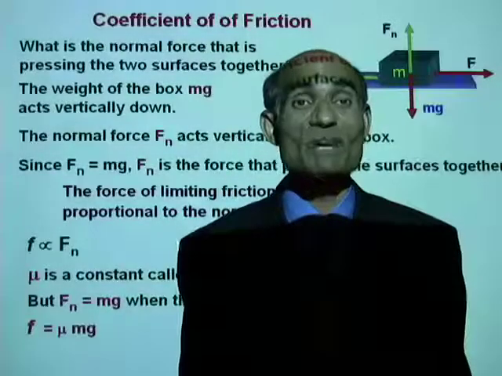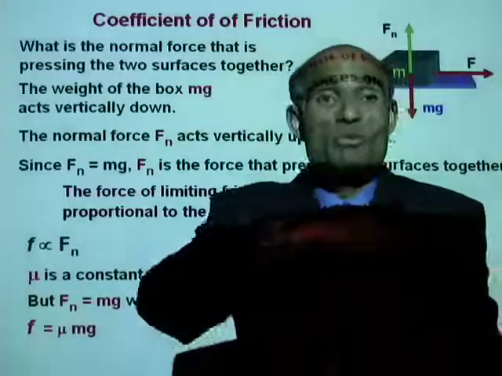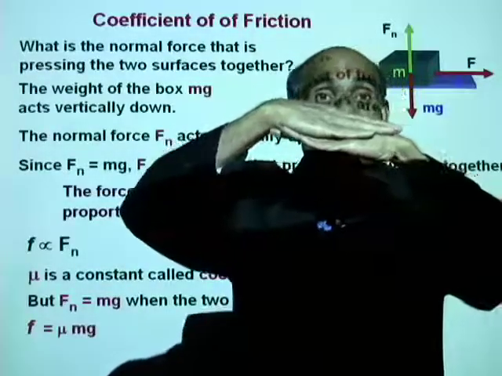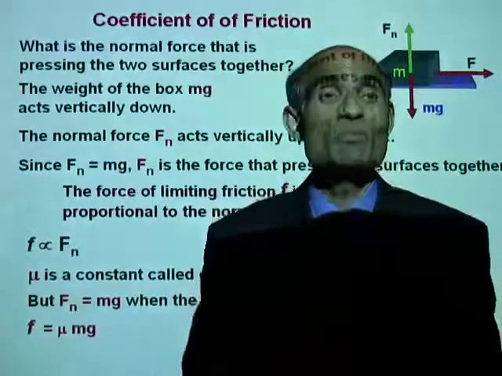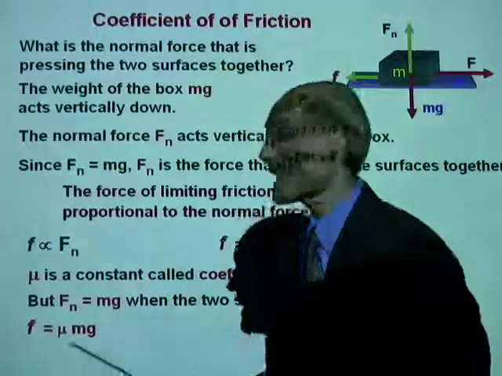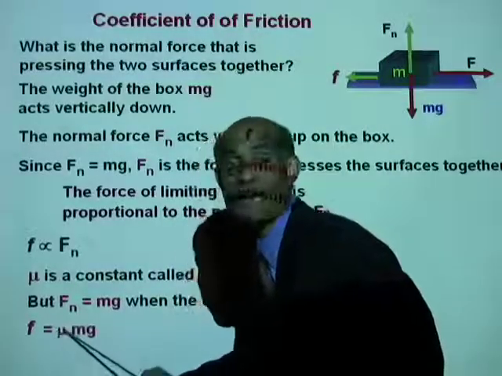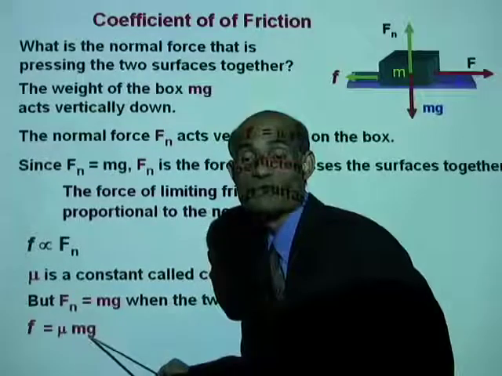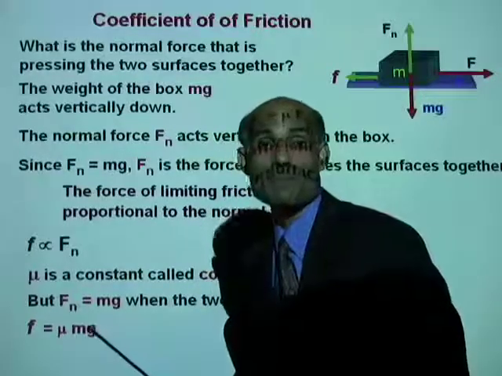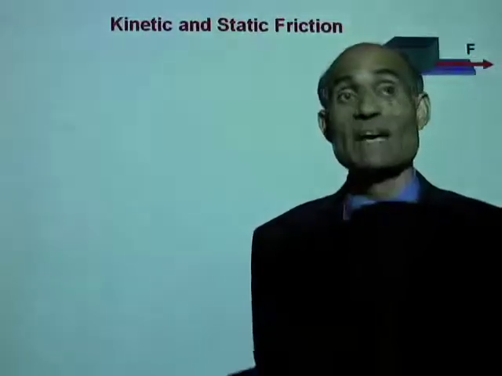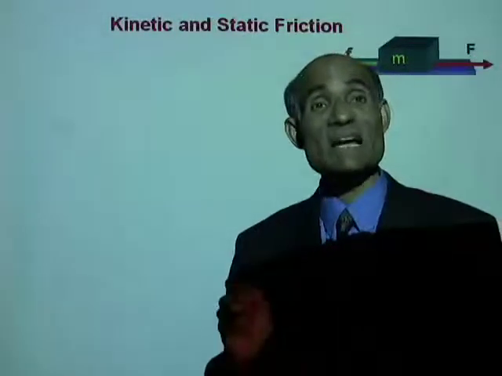The force of limiting friction between two surfaces that are horizontal with respect to each other is equal to mu times mg. A very important relation. That means mu can be calculated as the force of limiting friction divided by mg. Let's now talk about kinetic and static friction.